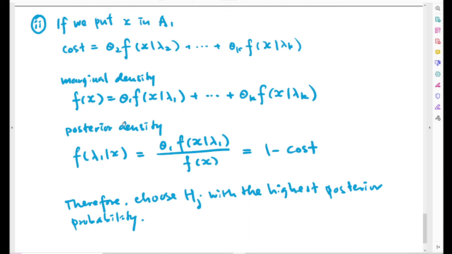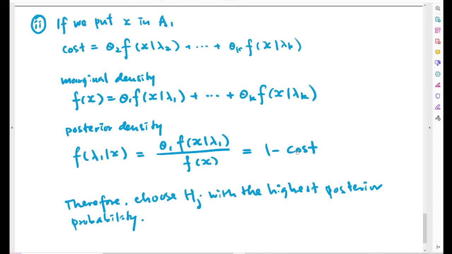Then the posterior probability of lambda equal to lambda 1 conditional on x is equal to this term, theta 1 times f(x | lambda 1) over f(x). It is exactly equal to 1 minus the cost.